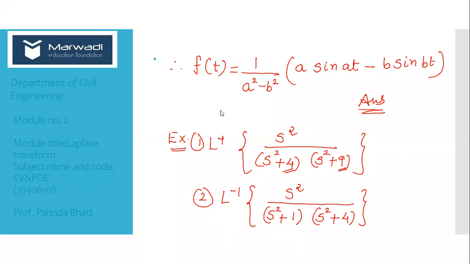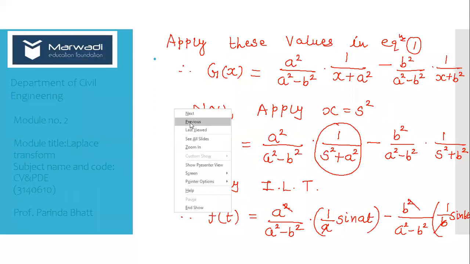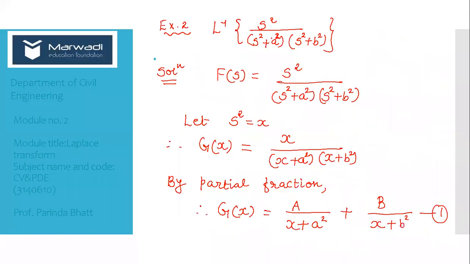Again, discuss the same question in 1 minute. This is type number 3, when in the denominator two polynomial terms are there and both are different. We convert it in a very easy way, but the condition is that the s power in the denominator and numerator is the same. And we put s square equal to x. Therefore, this converts into type number 1, right? Simple different factors.